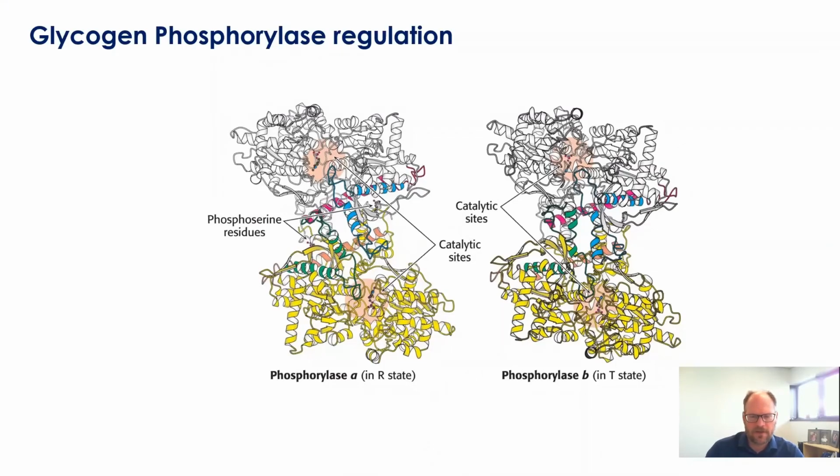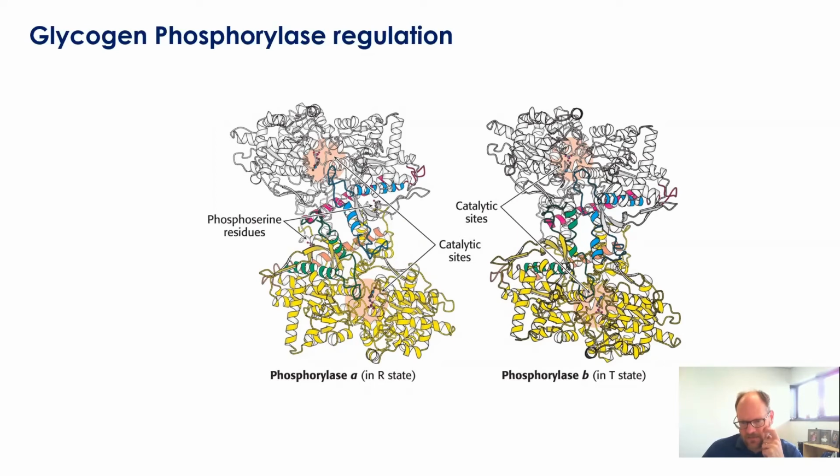So glycogen phosphorylase is one of the master controllers here, one of the main control points for regulating the breakdown of glycogen, and is a really classic example of how there are multiple layers of both allosteric and covalent effectors that change the activity of this pathway.